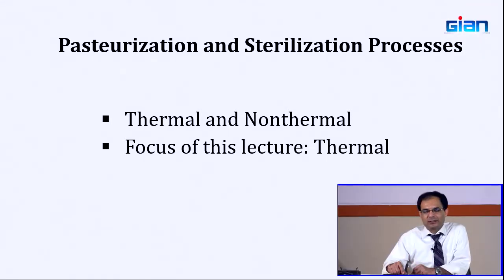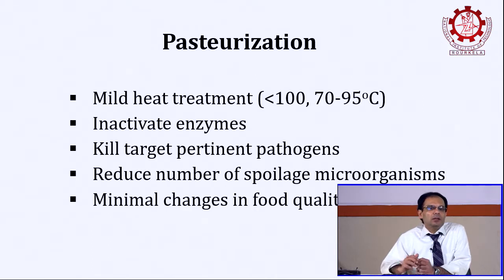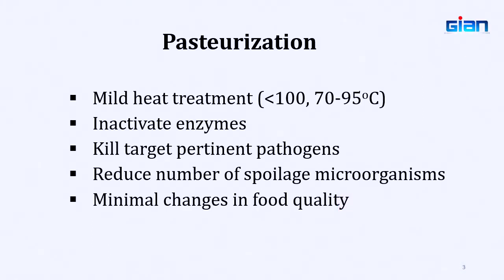We will have other lectures where we cover non-thermal pasteurization and sterilization. As you know, all pasteurization is a mild heat treatment, less than 100 degrees C, usually between 70 to 95. We inactivate enzymes and kill selected pathogens, not all.